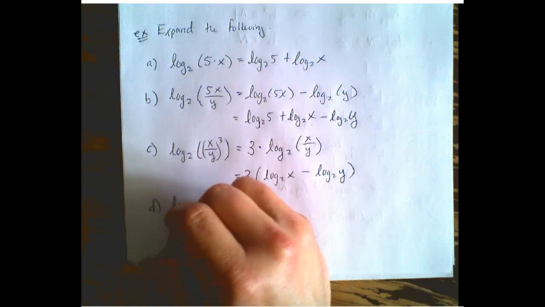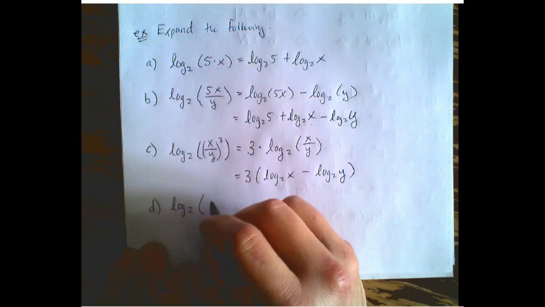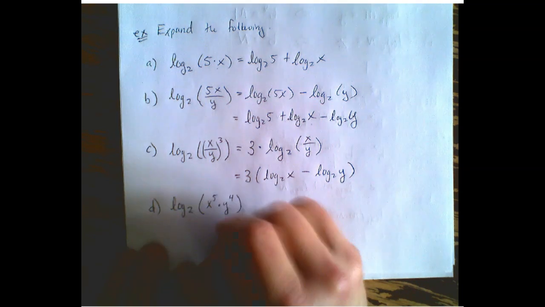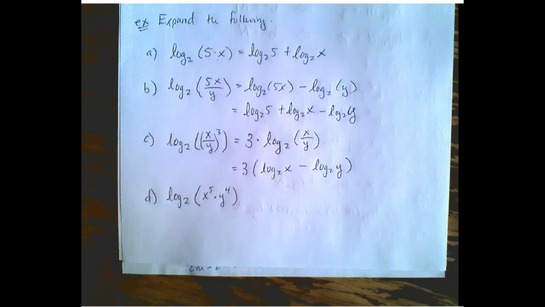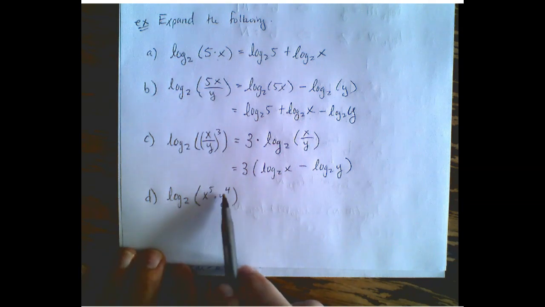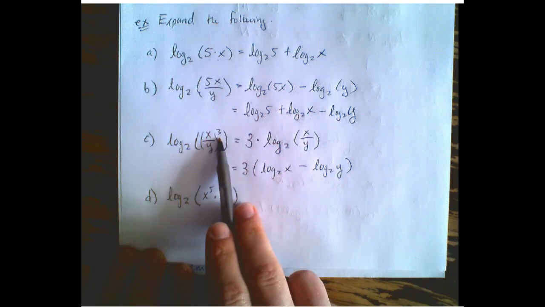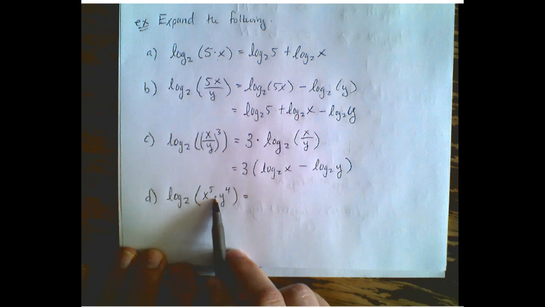Let's do one more. Log base 2 of, let's do x to the 5th times y to the 4th. We'll notice that we're raising these things to 2 separate powers, so we can't really pull anything off because it's not just one power like it was before. So let's first expand it by doing the addition rule.